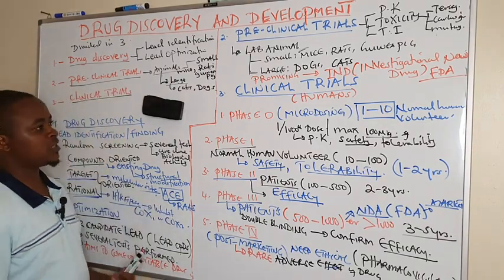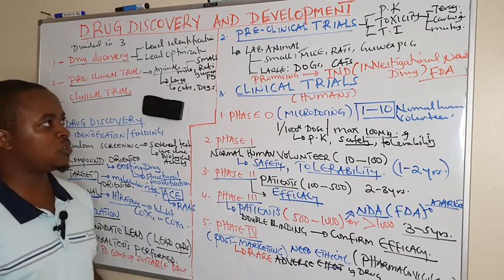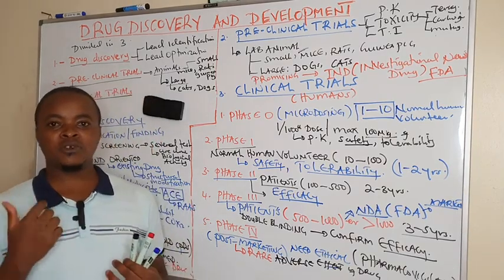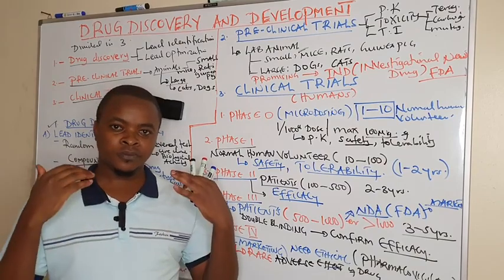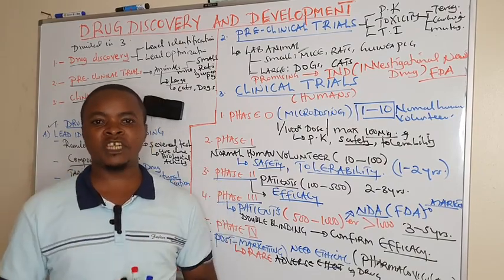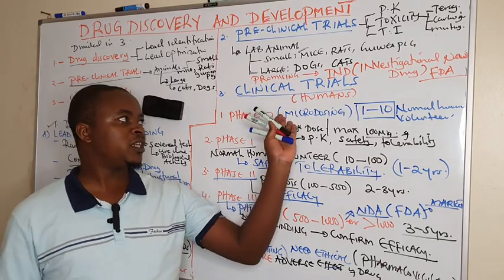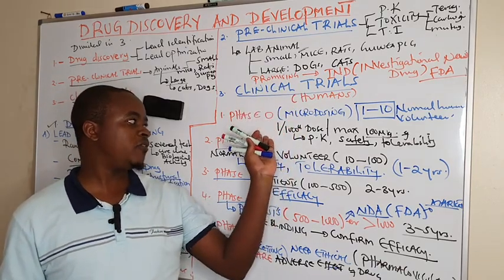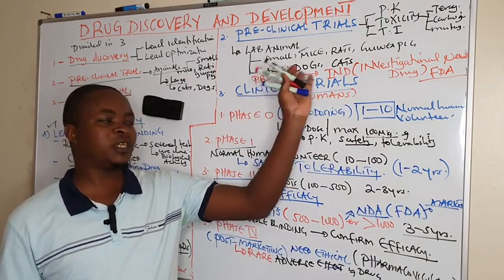And in case you are asked multiple choice questions, maybe in which phase is the IND application made, that is before clinical phase, before phase 0 and phase 1, that is after preclinical trials.